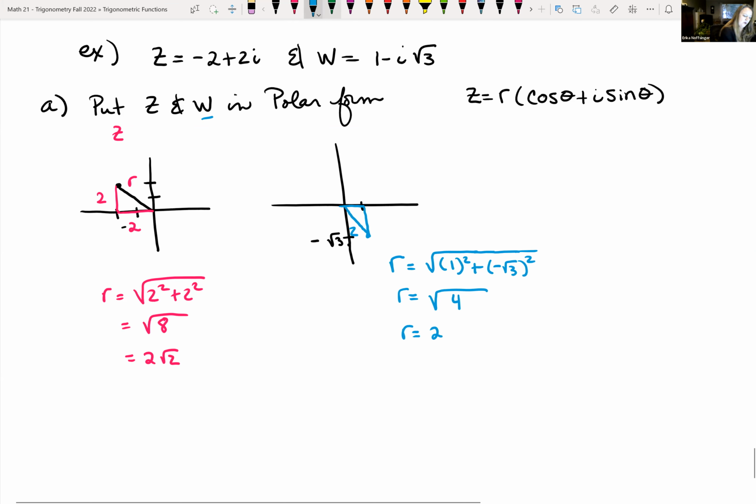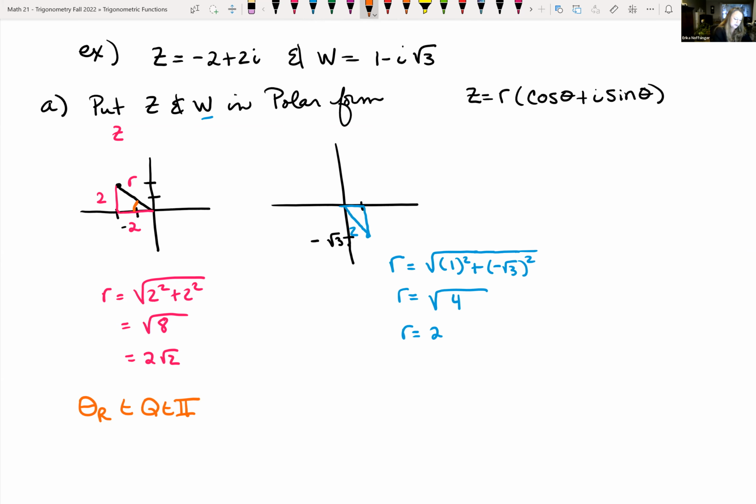We need to figure out what our angle is. So I'm going to call it theta sub R because I'm going to look at my reference angle first. My reference angle for Z is contained in quadrant 2. So how are we going to do this?